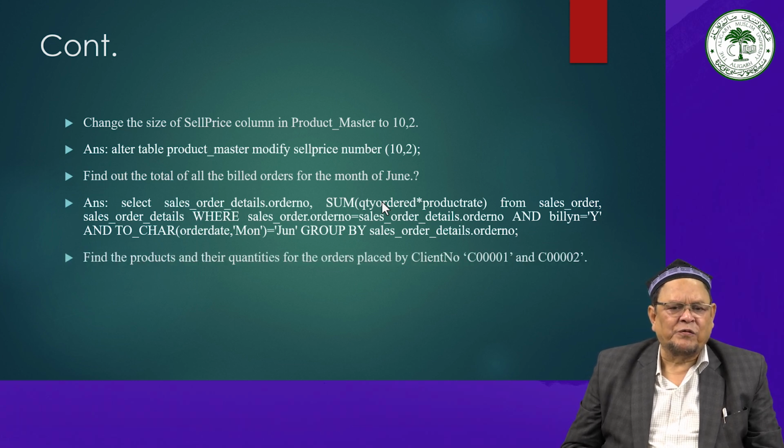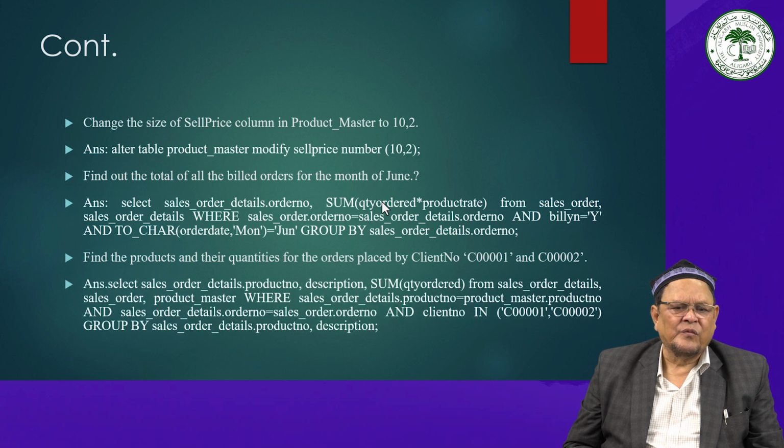The last question was, find the products and their quantities for orders placed by client number C00001 and C00002.